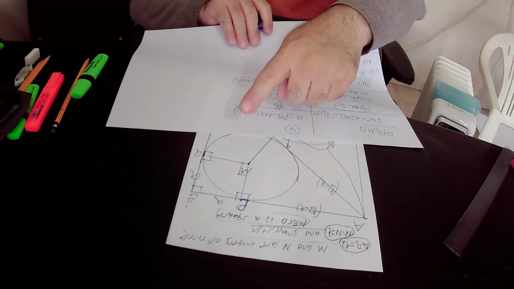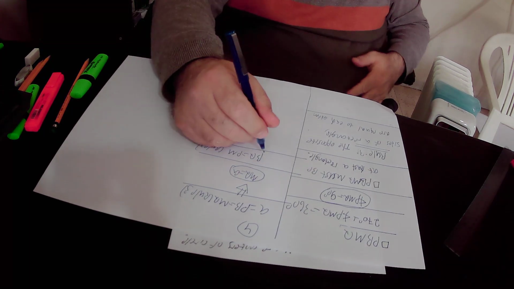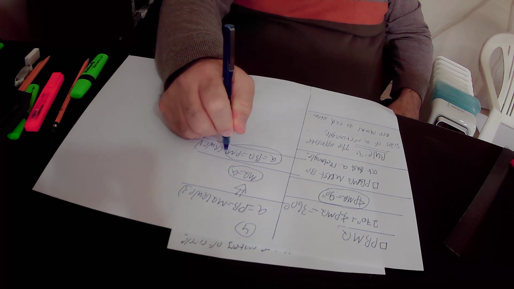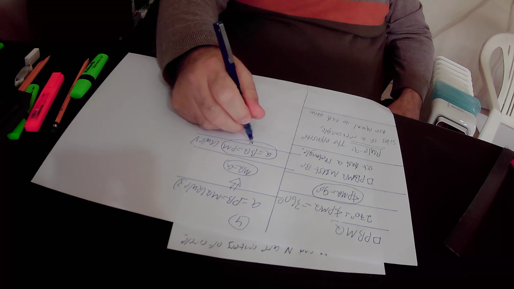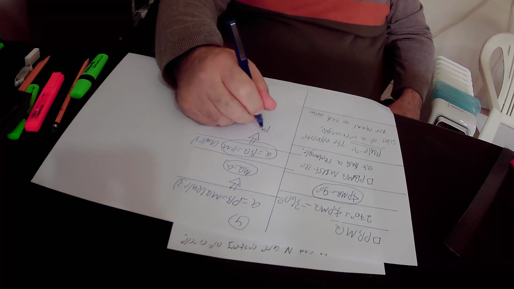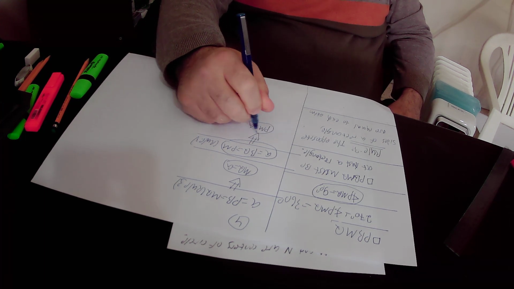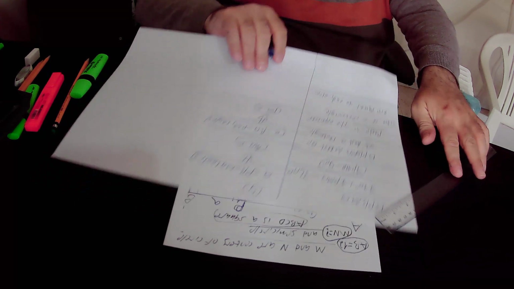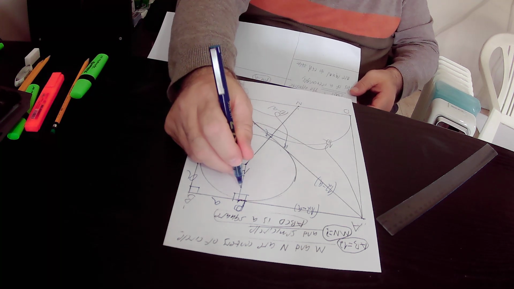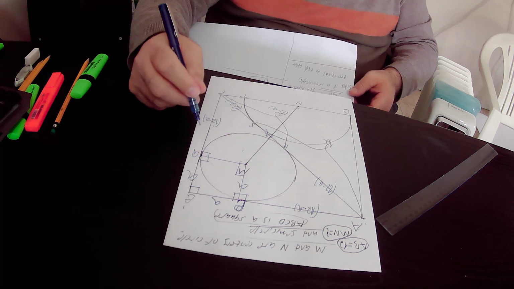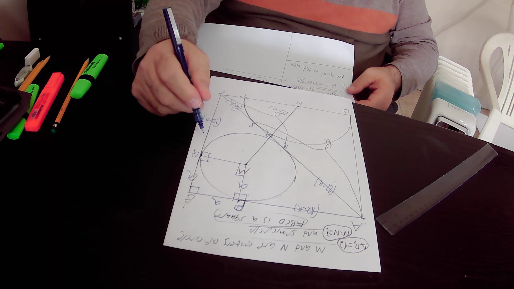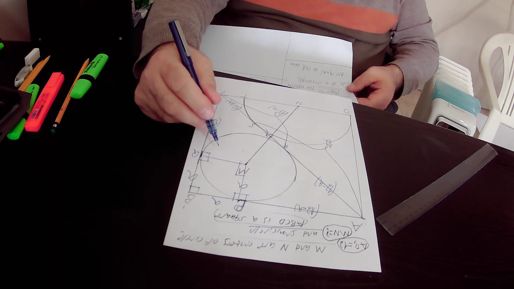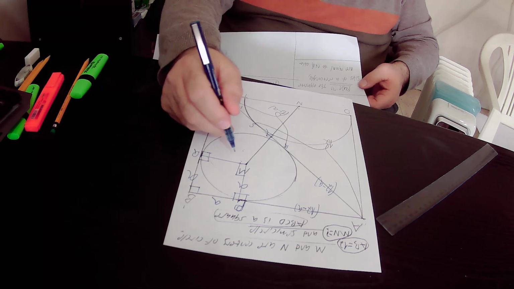But we have already found out that BQ equals A. So from this equation, A equals BQ equals PM, we will derive that PM is also equal to A. So we found out that PM is equal to A, and we also found out that MQ is also equal to A.